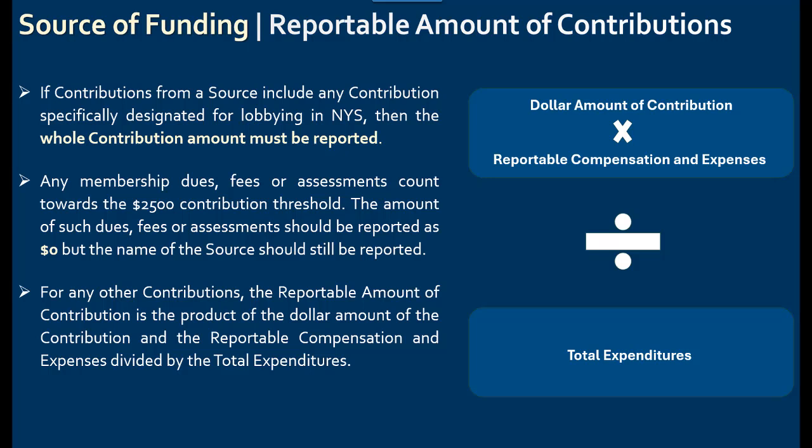The amount of such dues, fees, or assessments should be reported as $0, but the name of the source still needs to be reported. For any other contributions, the reportable amount of contribution is the product of the dollar amount of the contribution and the reportable compensation and expenses divided by the total expenditures.